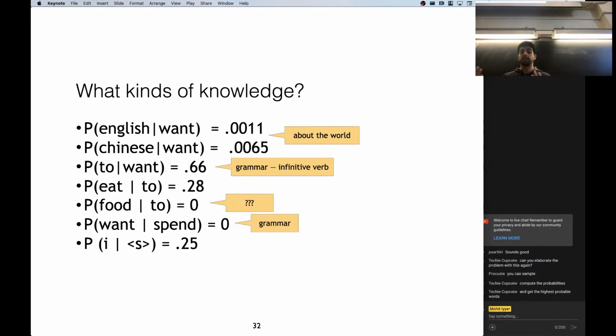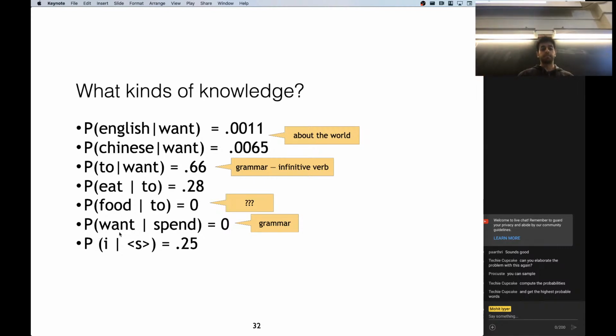grammar that are encoded. So the probability of to given want, so this phrase want to, is very high, right? And this is what you might expect in such a corpus. The probability of food given to, like, I want to food or something, that is 0, which also encodes some sort of knowledge that this is not an acceptable next word given this context.